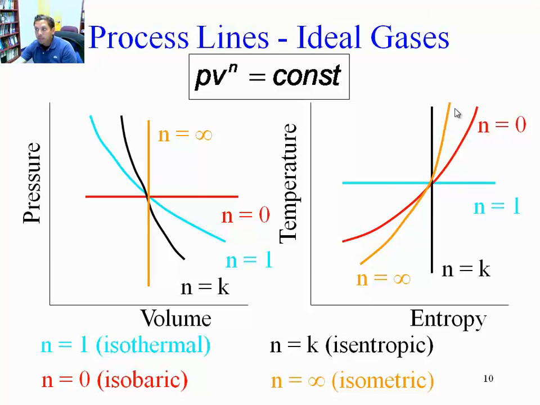So there it is. Remember, we're talking about ideal gases, so there's no saturation dome, neither in the PV diagram nor in the TS diagram. So these are the different process lines for the different types of processes in these two diagrams.